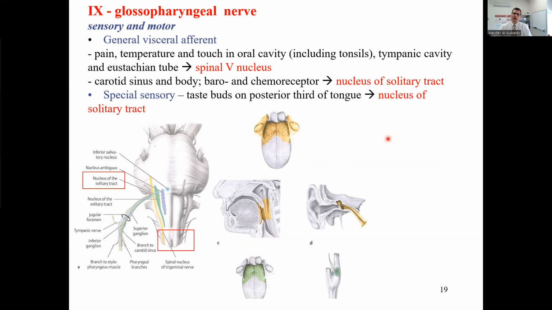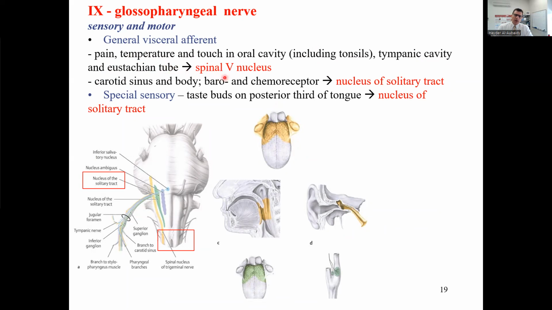Okay, let's jump into the glossopharyngeal nerve, the third nerve in this lecture. It also has both sensory and motor components. General visceral afferent, or GVA, carries pain, temperature, and touch from the oral cavity, including the tonsils, all this region in yellow, the tympanic cavity, as well as the eustachian tube, or pharyngotympanic tube.